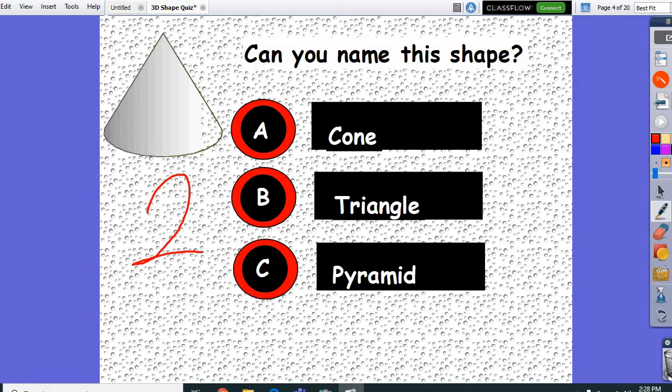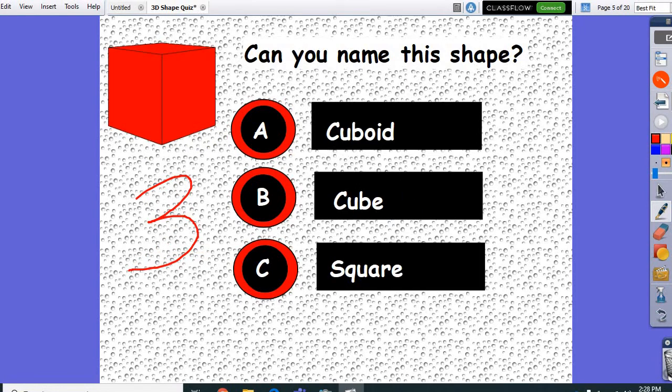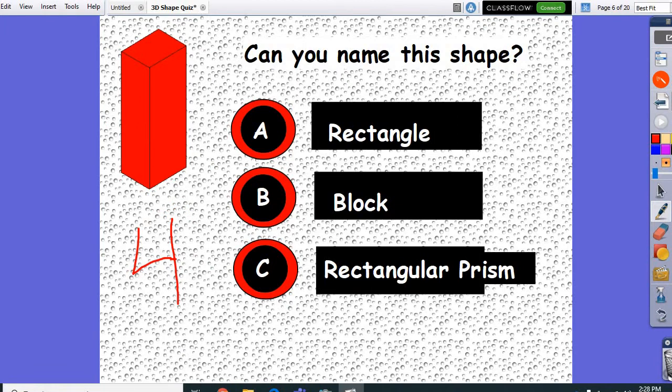Number 2, can you name this shape? Remember, you just have to write A, B, or C. You don't have to put the name of the shape. Can you name this shape? Number 4, can you name this shape?